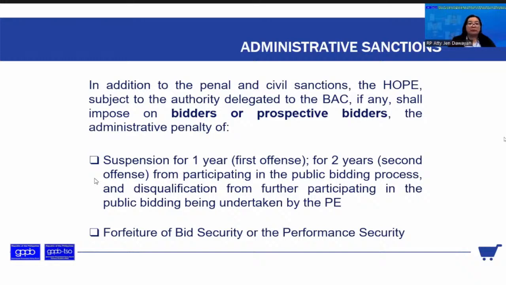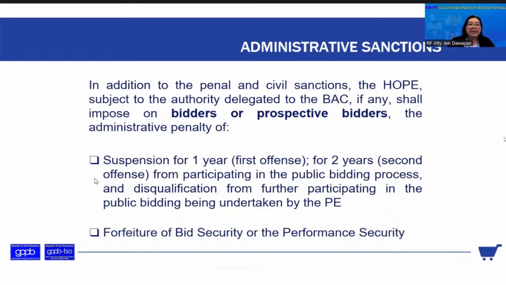So si HOPE, no, can sanction the bidders or prospective bidders. And these are number one, pwedeng suspension siya for the first offense. And second, 2 years for the second offense from participating in public bidding process, and disqualification from further participating in public bidding being undertaken by the procuring entity, no?